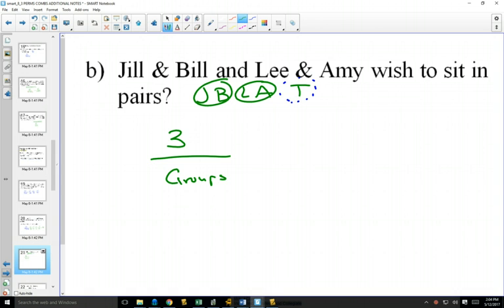So there's 3 groups, so the number of ways we can arrange those groups would be 3 factorial. So you could draw your 3 spaces. This could be the Jill-Bill group, the Lee-Amy group, and the Tom group. And this would be 2 factorial, 2 factorial, still 1 factorial.